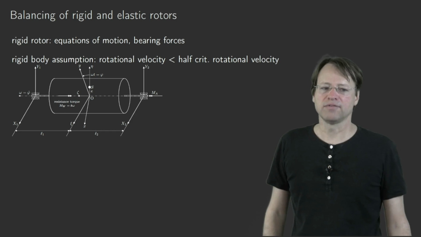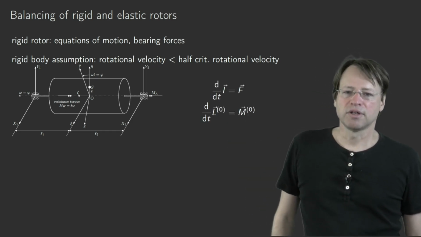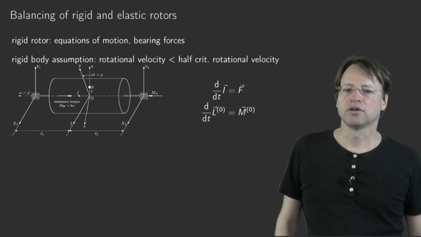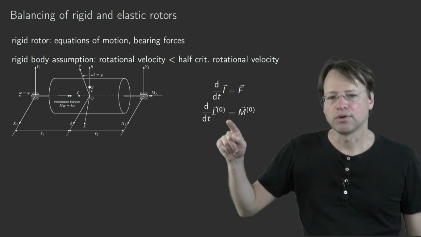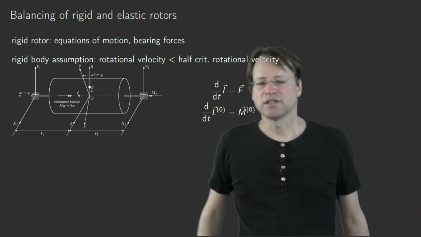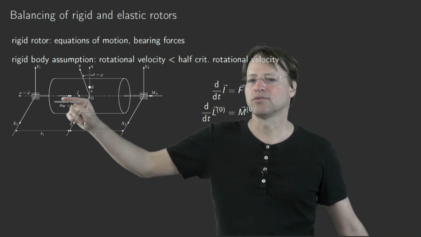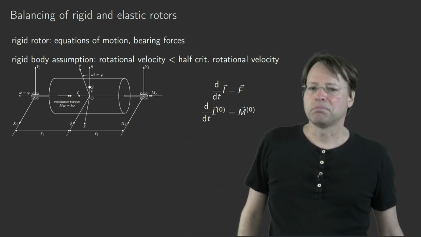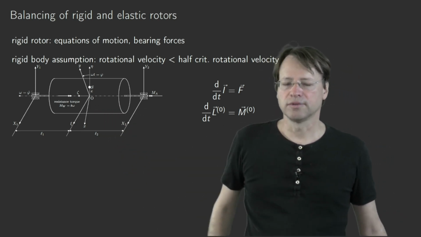So after these few words, I would like to start with first the two general laws we are using here in order to derive the equations of motion, namely the balance of linear momentum and the balance of angular momentum. The balance of angular momentum is carried out around point 0, and you can find point 0 here. It's a space-fixed point because it's on the axis of rotation, but it's also a body-fixed point because it belongs, of course, to that rigid body.